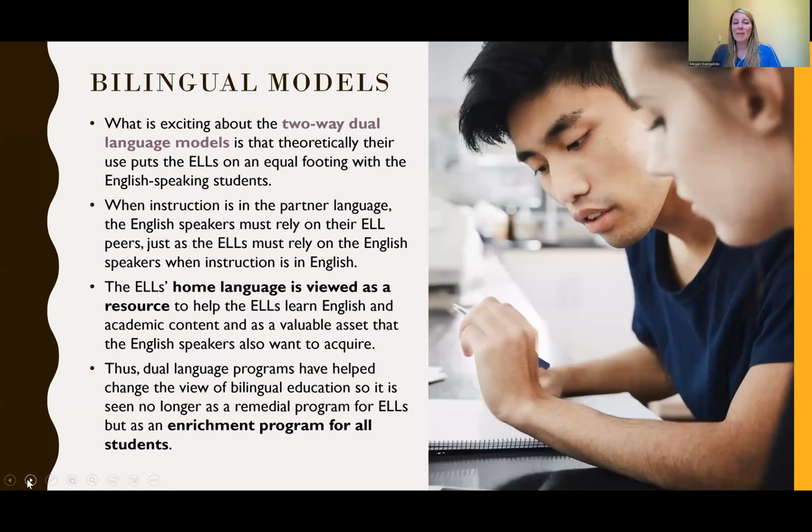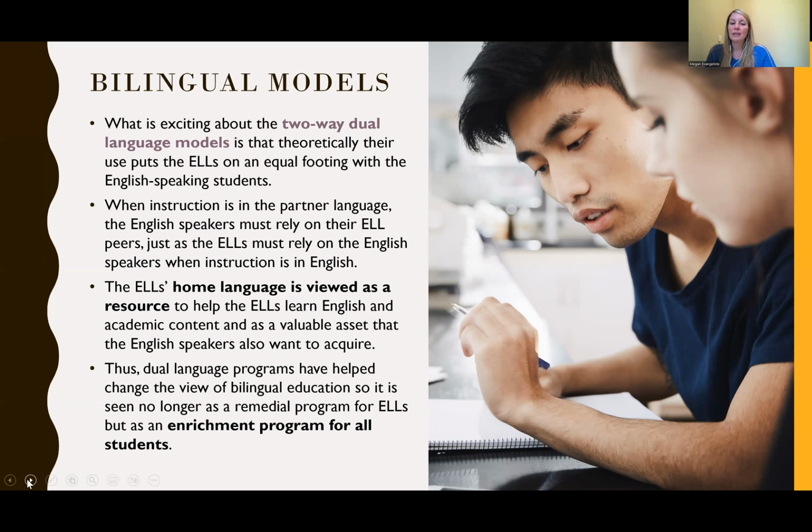What is exciting about two-way dual language models is that theoretically, this puts English learners at equal footing with English-speaking students. When instruction is in the partner language, the English speakers rely on their ELL peers, just as English learners rely on English-speaking peers when the instruction is in English.